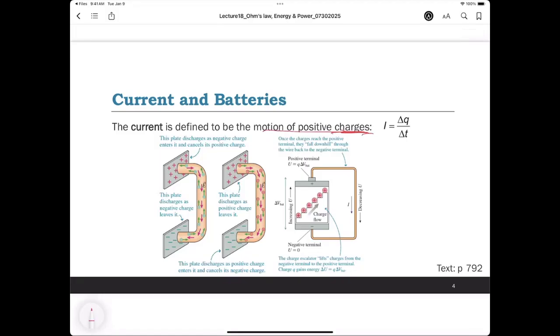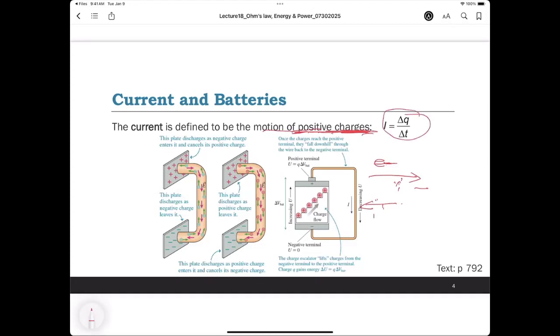But the electron moving towards this direction is the same thing as the positive charges moving in this direction. So we just define the current as the motion of the positive charges, because in a neutral atom, the positive charge and the negative charge are equivalent. So this is just a definition.